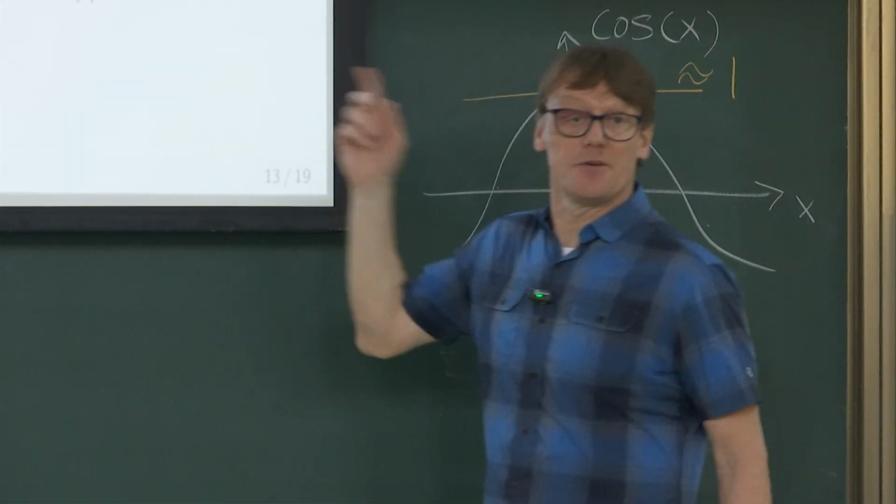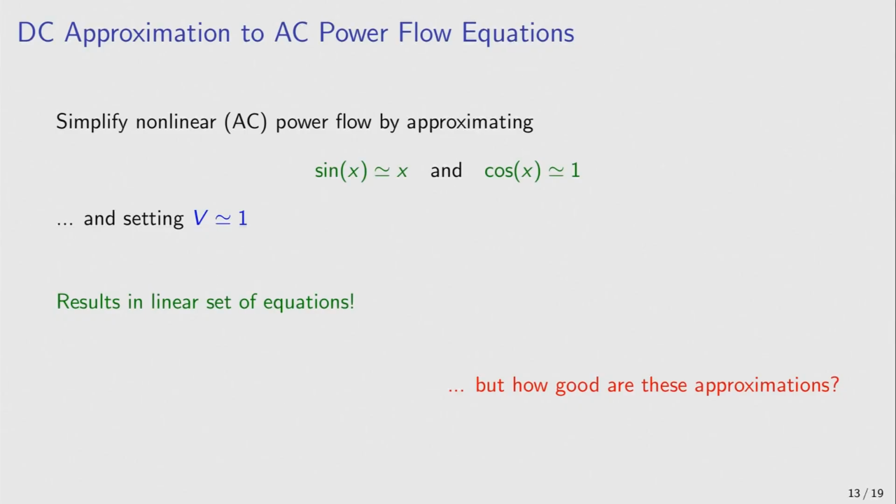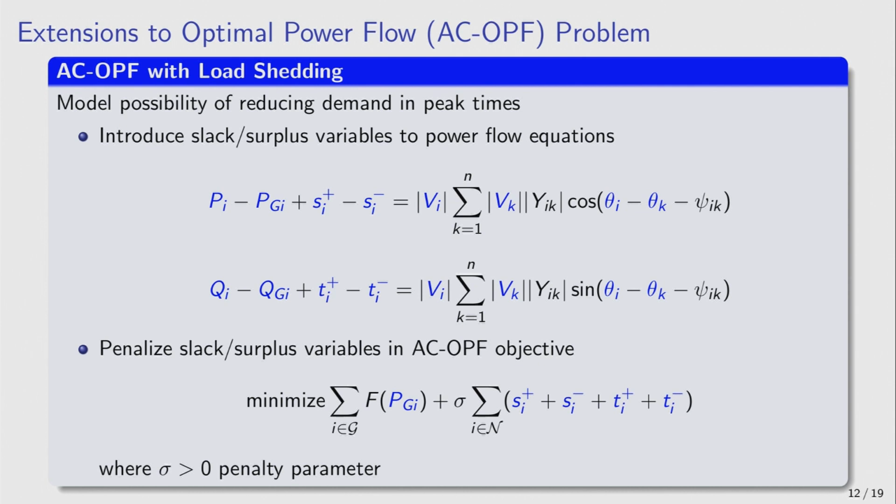And if I do these simplifications and set V, the voltage magnitudes, to 1, then I can go into my power flow equations here, for example, and simplify them. They become a lot simpler now. If my V's are equal to 1, hey, I've removed my bilinear terms.